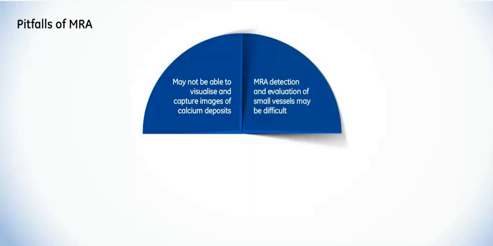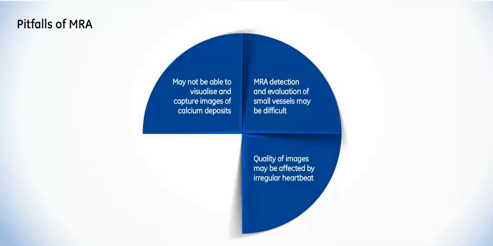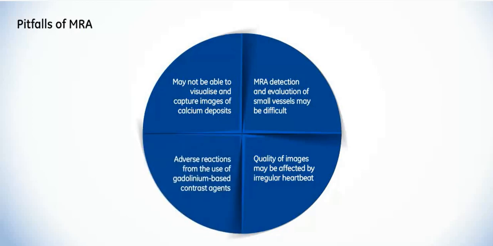MRA detection and evaluation of small vessels may be difficult. The quality of images obtained may be affected by irregular heartbeat. Adverse reactions associated with the use of gadolinium-based contrast agents are inherent to CEMRA.